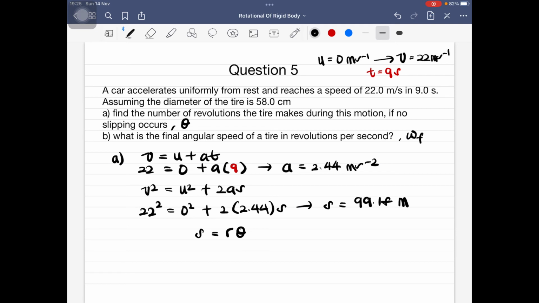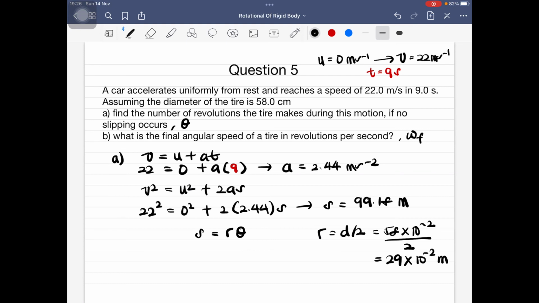So from the question also, we are given that the diameter of the tire is equal to 58 centimeter. So that is basically to find the radius, which will be diameter divided by 2. So you have 58 centimeter, I change into meter, you divide by 2, and then you will have 29 times 10 to the power of negative 2 meter.